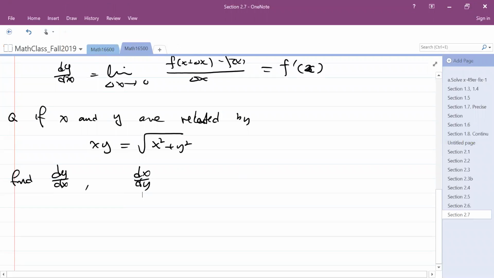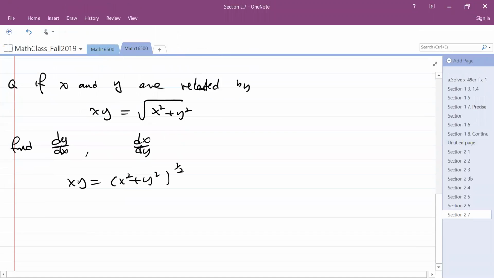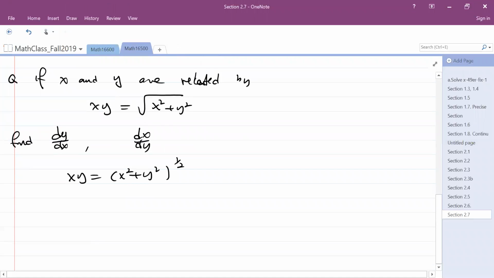So let's do it. Let's express it in slightly different ways. This is an implicit differentiation, right? We just learned that. So now you differentiate both sides with respect to x.